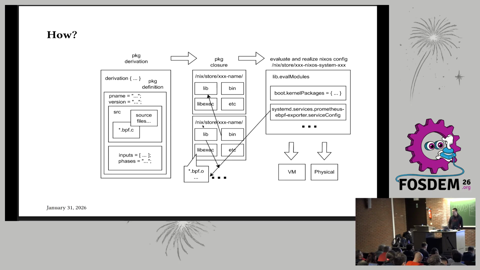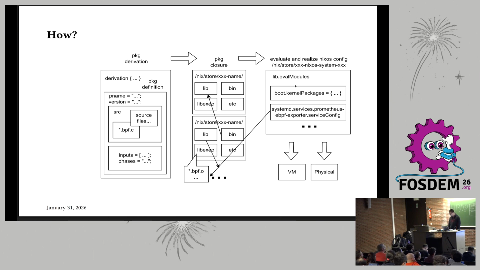And in this closure, you will see that if you have lib or bin or whatever, it can have dependencies, and this chain of dependencies forms a closure. And in my specific example, the object files are put into the libexec directory under the store path.